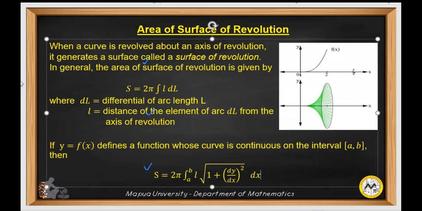And in general, to compute the area of surface of revolution, S is equal to 2 pi integral within the limits of integration, the interval, of L times the differential of the arc length.